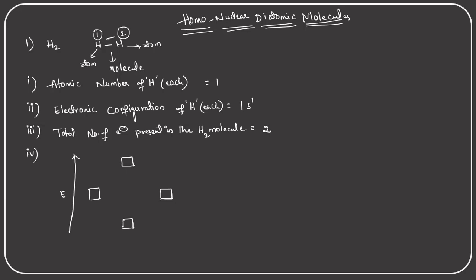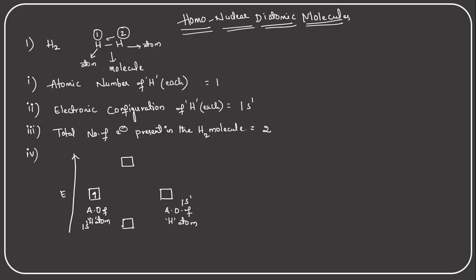This is the atomic orbital of one hydrogen atom, and this is the atomic orbital of another hydrogen atom. Here the atomic orbital of each hydrogen atom has the electronic configuration 1s1.